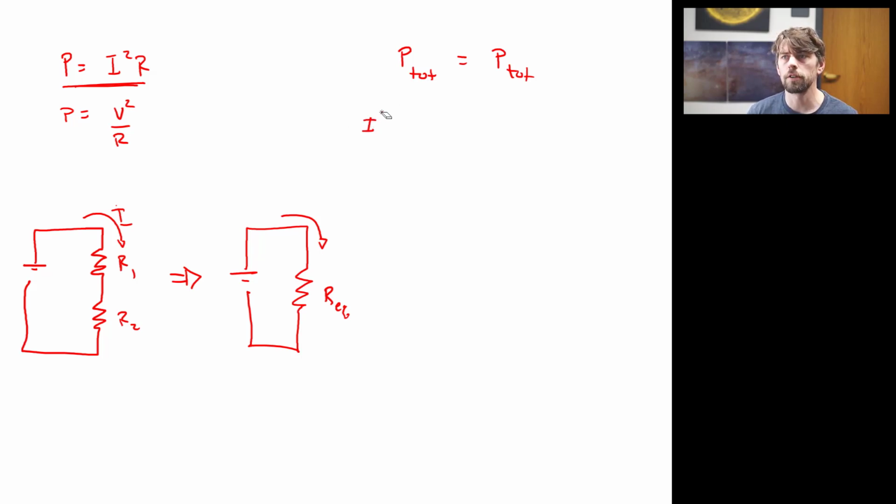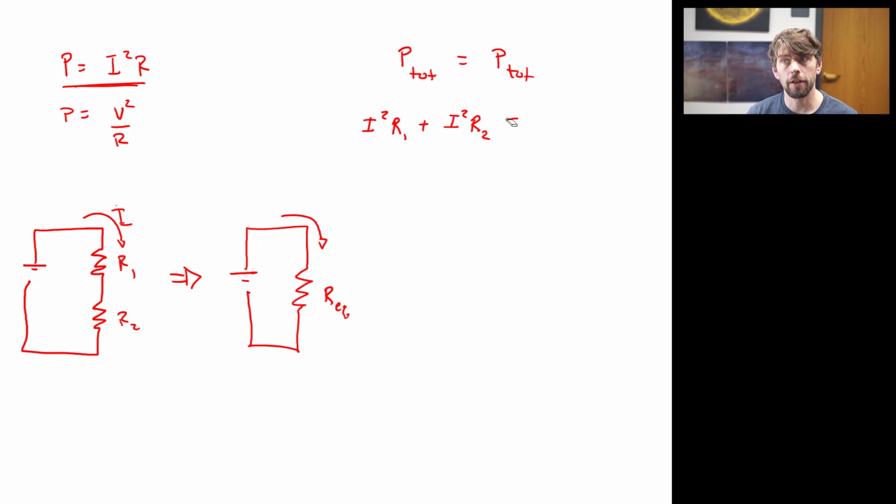Well, that must be the current flowing through the first resistor times the first resistor value. And because these are in series, the current that passes through the first resistor must also pass through the second. And so I can use the same I, but now I'm dealing with resistor 2.